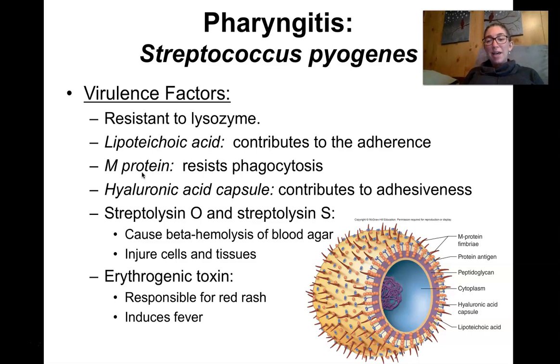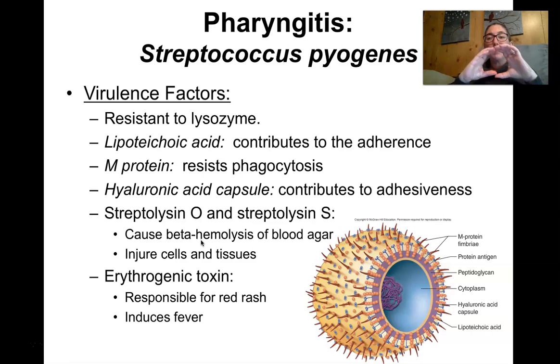It also has some enzymes that help us with diagnostics. There's an enzyme called streptolysin, which lyses red blood cells, and it'll do this on blood agar when you grow it on sheep's blood agar. It's one of the definitive ways to culture and identify Strep pyogenes, to look for that hemolysis, the lysis.